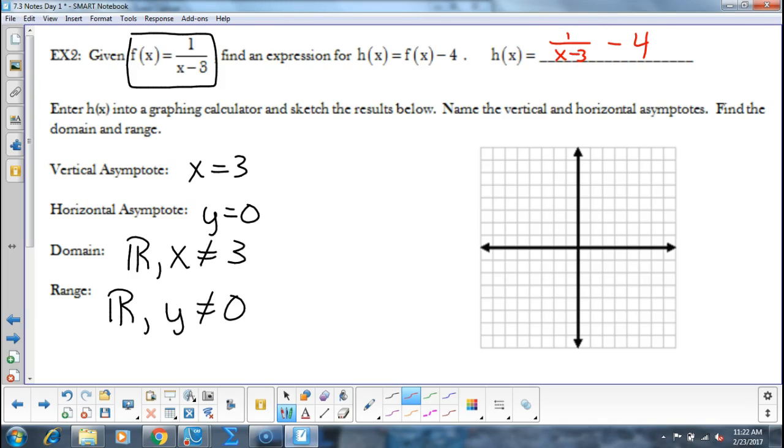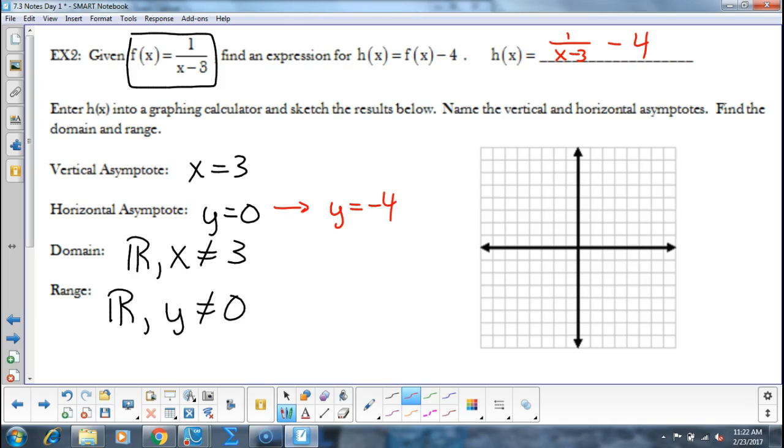So, without graphing it, and we'll show the graph here in a minute, is the vertical asymptote of x equals 3 going to change? No. Is the horizontal asymptote of y equals 0 going to change? Yes. What's it going to change to? Y equals -4. Is the domain going to change? No. Is the range going to change? Yes. To what?